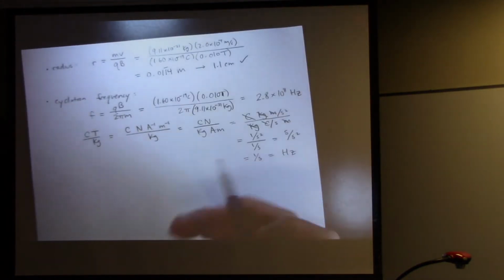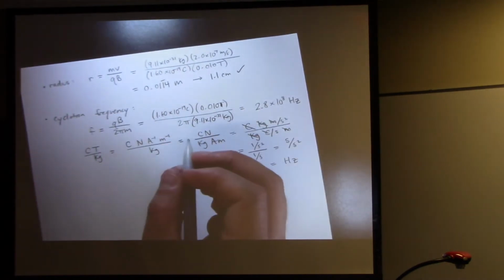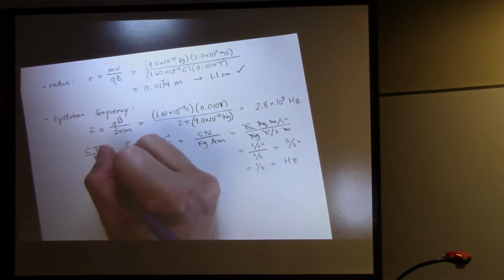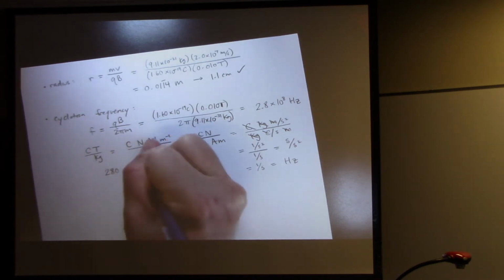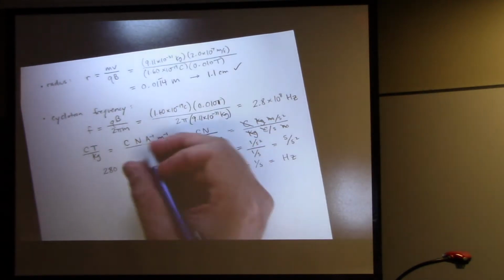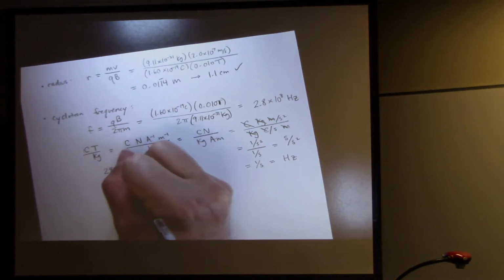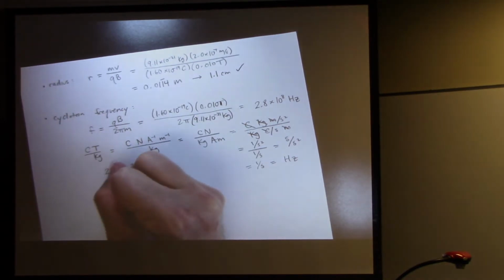So what is this number telling you? Well, here, 2.8 times 10 to the 8, we can write that as 280 million. 280 million what? Well, 280 million full circles every second.